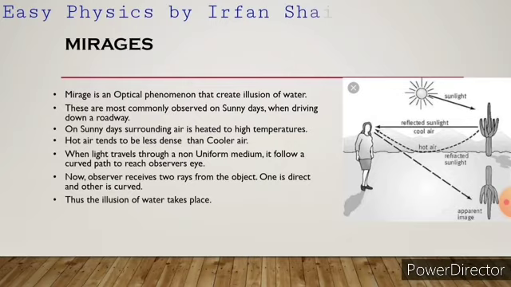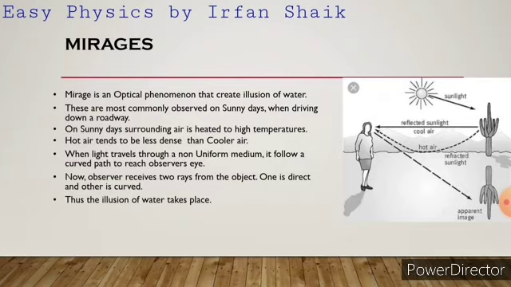When light travels through a non-uniform medium, that means hot air, cool air, that means different medium, it follows a curved path to reach observer's eye. So you can observe this in the diagram. So a curved path of light ray traveling to the observer's eye.